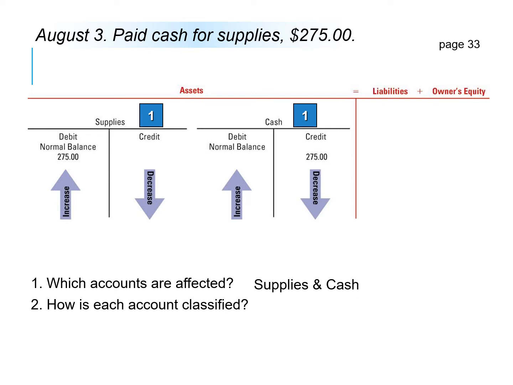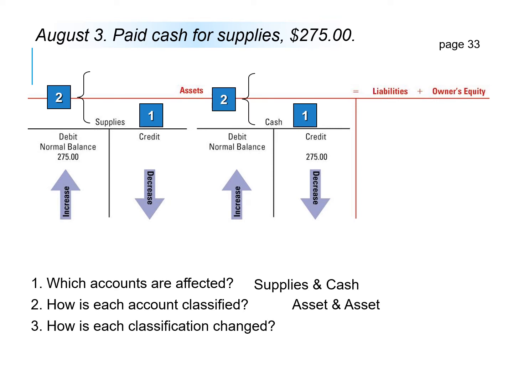How is each account classified? We know that supplies and cash are both assets. How is each classification changed? We know that we increase our supplies, so one side of our asset account is going to increase. We also know that when we pay cash, we have less money, so the cash account decreases.